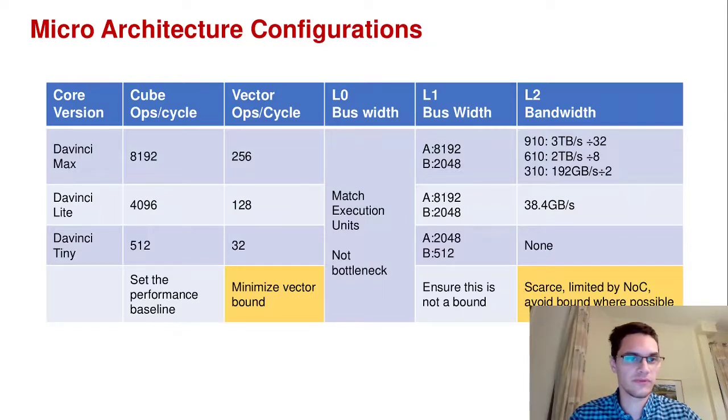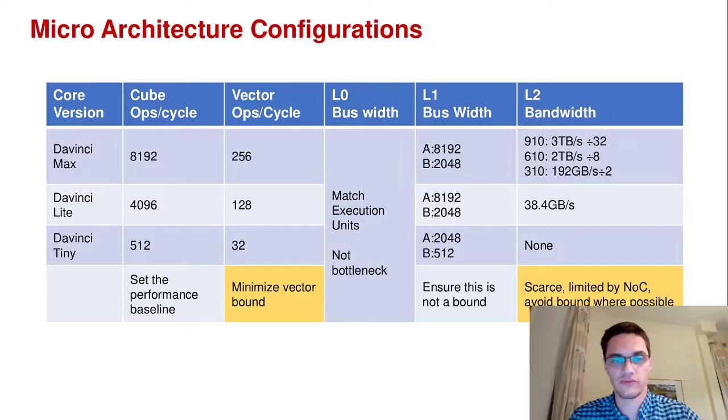The different flavors of DaVinci core have different parameters. So, for example, cube operations which are performed simultaneously may vary from 512 to 8192 operations.